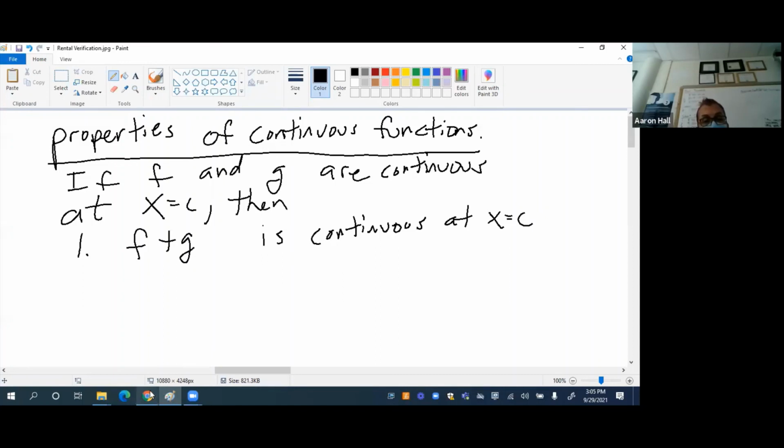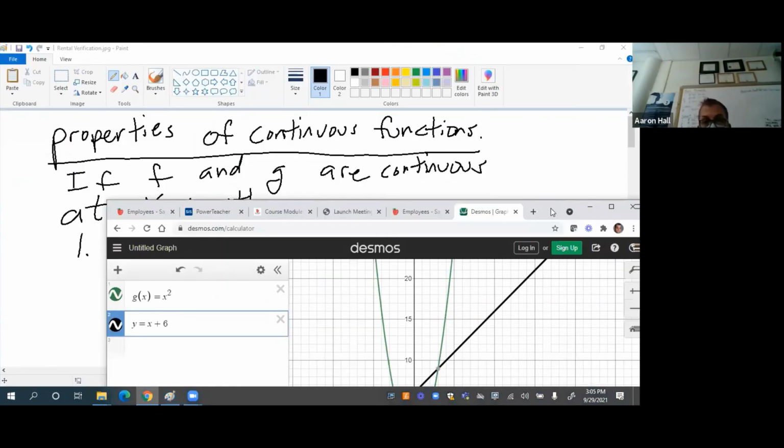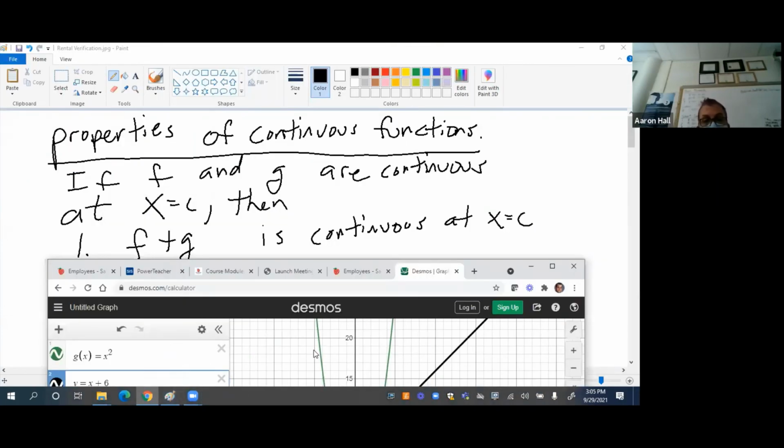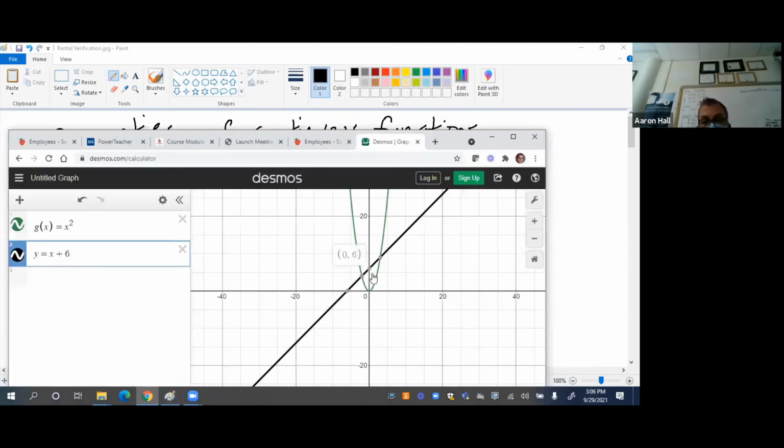So if I have some function, and for those of you who are still writing, I want to make sure I'm out of the way. If we have 2 functions, like even these 2 functions, we could look at them and say, well, at 5, the green parabola is continuous when x is 5, and the black line is also continuous when x equals 5.